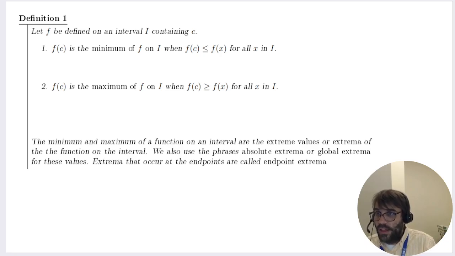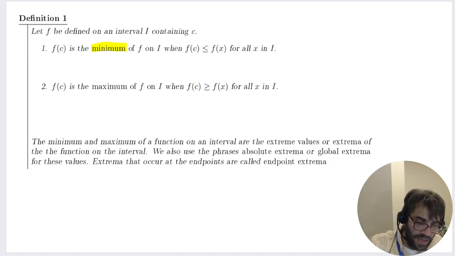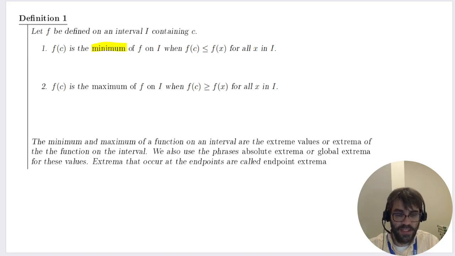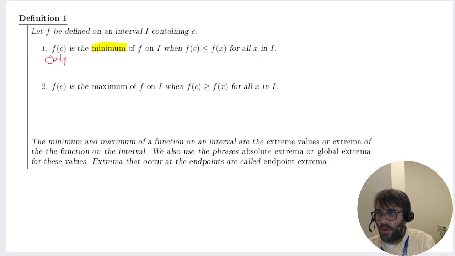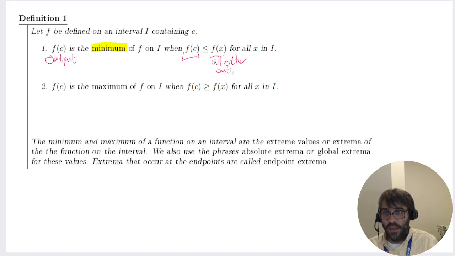So let's start with minimum. We got a function, it's defined on some interval. That's basically just saying, what inputs are we allowing ourselves to have? And what does it mean to have the smallest, that desired input? Well, what it really means is that you have this output, f of c, and if you think that's the smallest output, that output must be smaller than all other outputs. Technically, not even all other outputs, smaller than or tied with all other outputs.